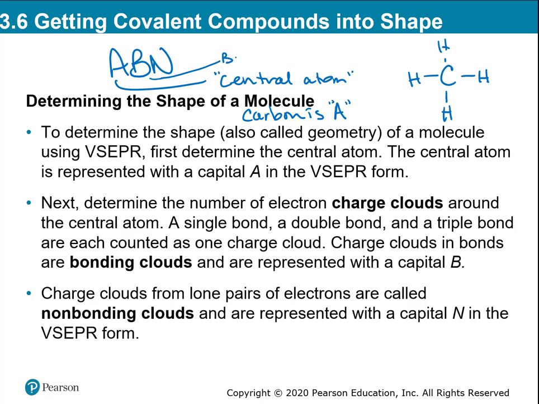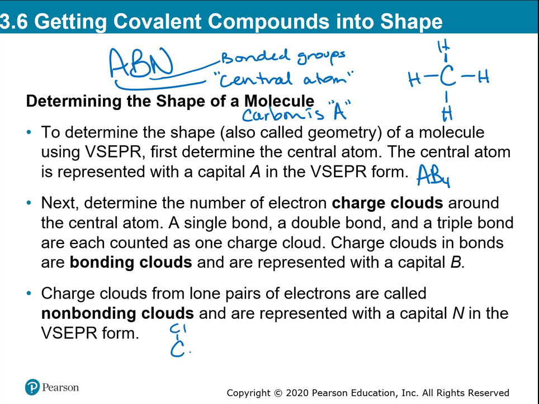I will tell you, it doesn't matter if there's a single bond, a double bond, or a triple bond. That's all considered a bonded group. So this one has 4 groups connected to it, so we would say that this is AB4. Carbon's the central atom, 4 groups around it. They will always get this arrangement because that is as far apart as those 4 bonding pairs can get from each other.